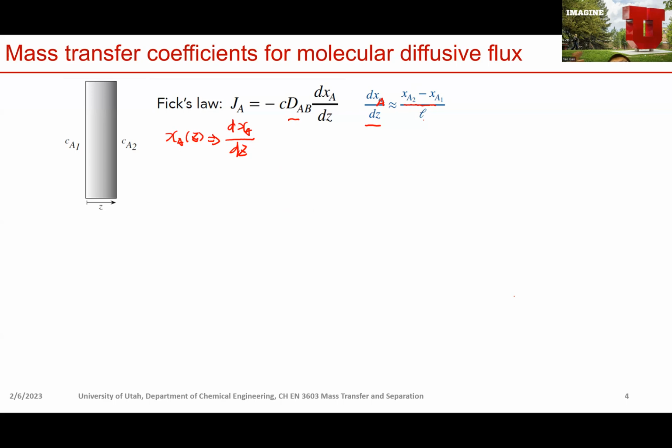This is an approximation, and for sure, if xA is a linear function of Z, then in this case they are equal. The derivative is equal to the ratio of the difference. That's the only case this can be exact, but for other scenarios, it's only an approximation.